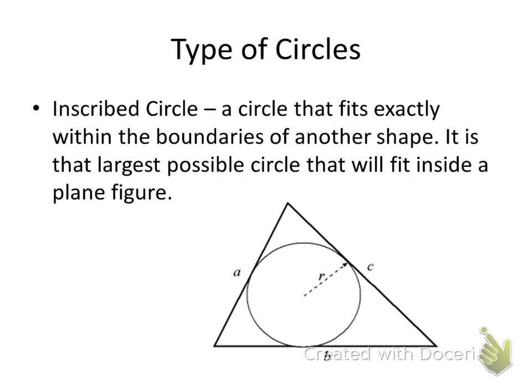If you look at the example below, we have this triangle, and the circle fits exactly inside it, where the edges touch all the way around. This is called an inscribed circle: a circle that is put inside of another shape and is the largest possible it could be.